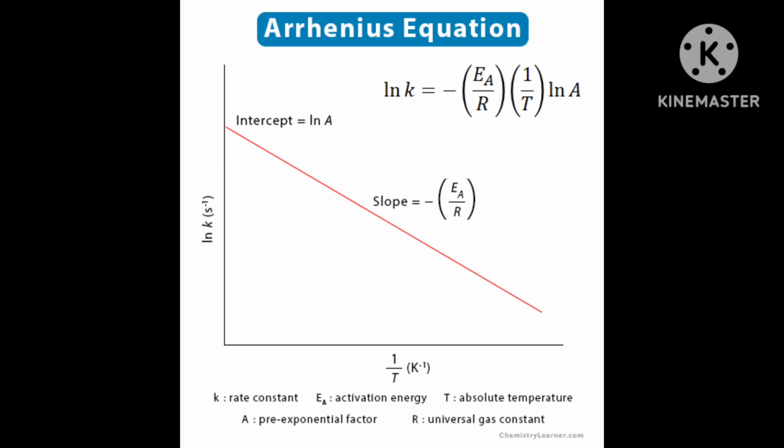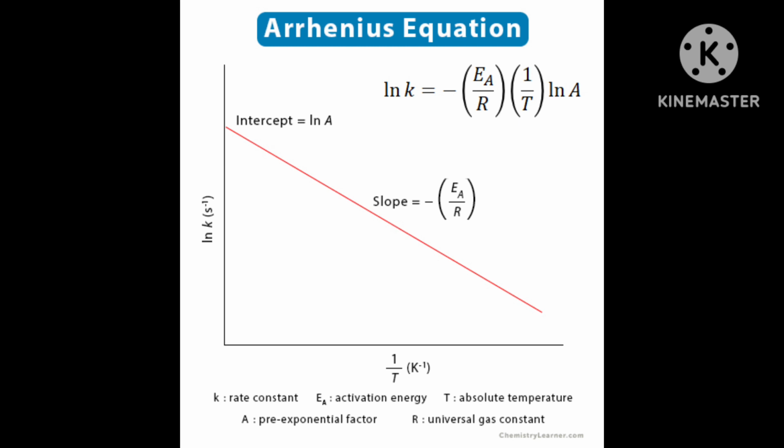You know slope means tan theta, which is equal to perpendicular P upon base B. Since you have drawn the graph of ln k versus 1 upon T, the P value will come from the ln k values, from 0 up to ln A. Where the line touches the x-axis, from 0 to that point, that value of 1 by T gives the base B.